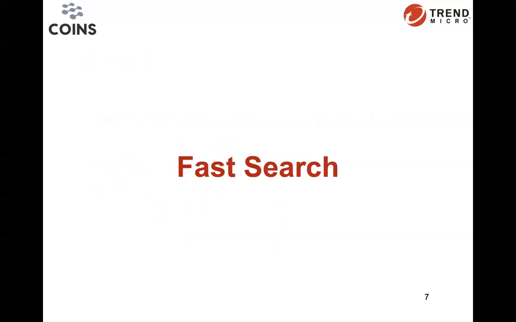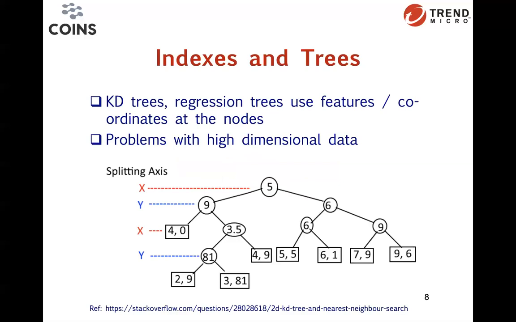Fast search is the problem of, given a search item, we need to be able to quickly identify the closest items out of a large database or collection of files that we're searching through. The typical way to approach this is to build indexes using trees. Methods for doing this include KD trees and regression trees, and they use features or coordinates at the nodes.